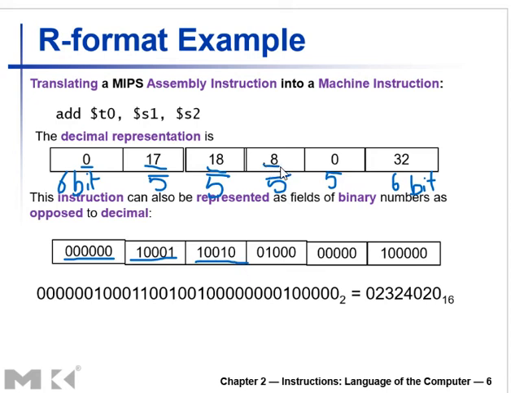When you convert 8, actually you get 1000, but I want a 5 bit. Remember, you need to fill with 5 bit. So put a 0 in front. Okay. And 0, you put it in 5 bits. 00000. And 32, when you convert in binary, you get 100000.